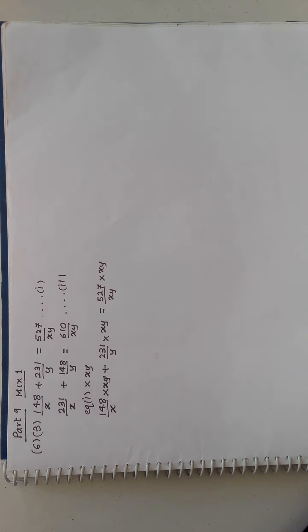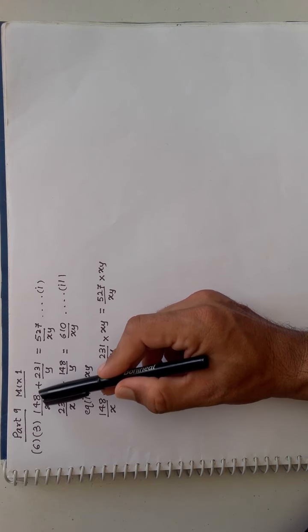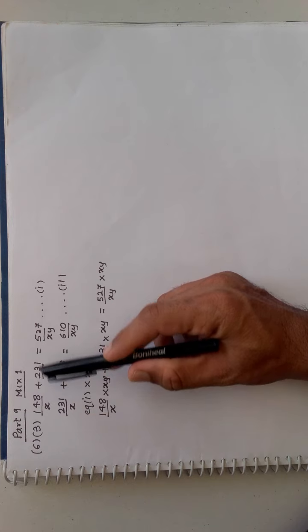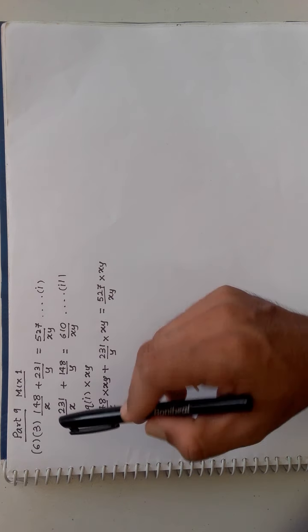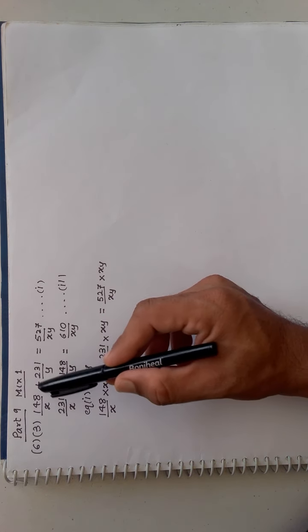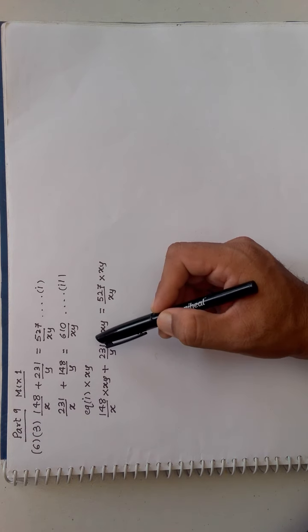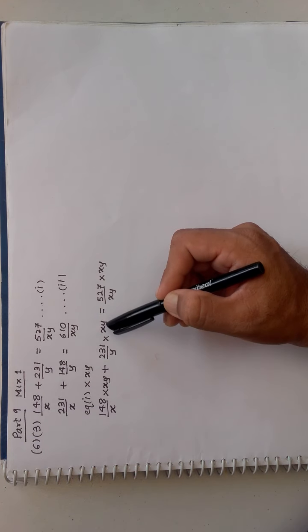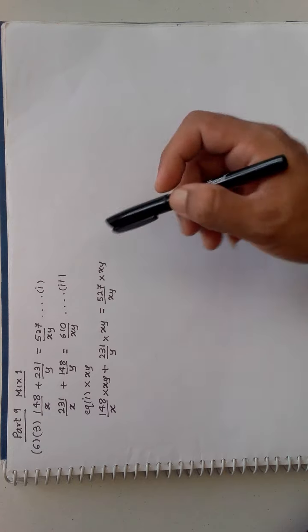I will once again explain how I work on this. First, when I multiply throughout by xy, I need to multiply before plus and after plus. The reasons we have discussed already. So I multiplied here, after plus I multiplied, before equal to is already multiplied, and after equal to.